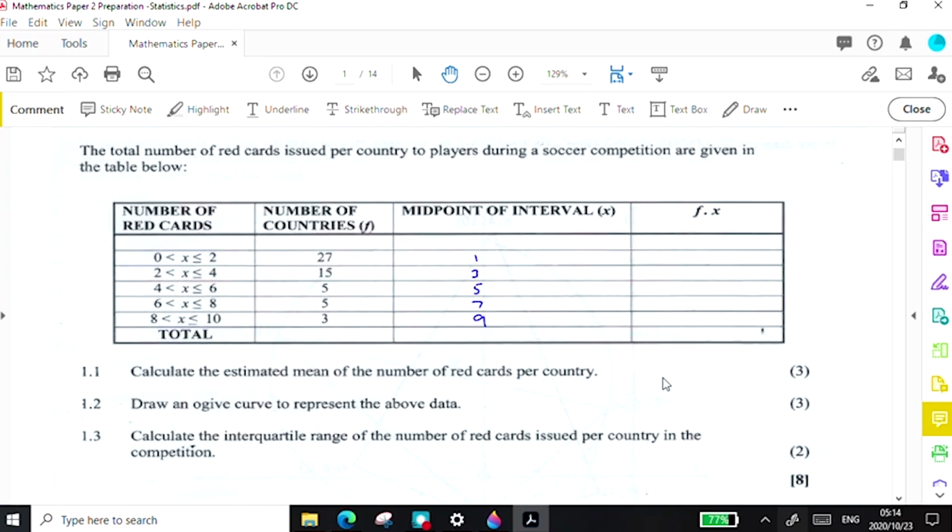So we have our frequency. Now we need the product of the two.